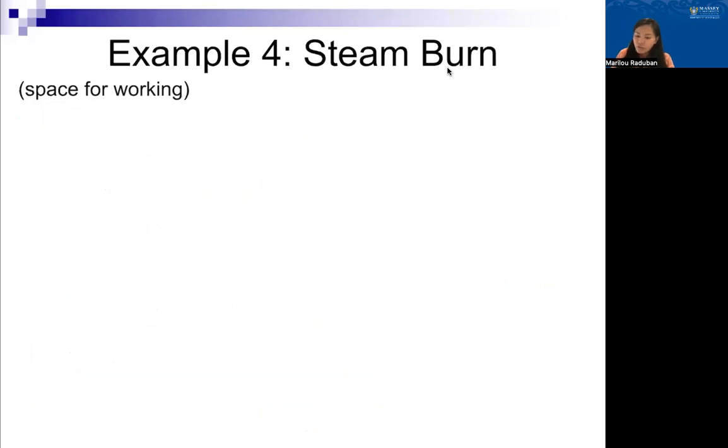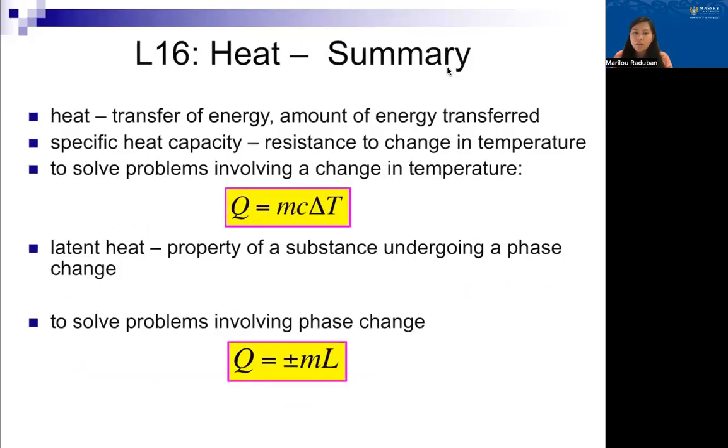Okay, and so that wraps up our lecture for today. We looked at heat. We've learned that heat is the energy that's transferred from a hot material to a cold material, and the transfer of heat can change the temperature of the material. Different materials have different specific heats, and the lower the specific heat, the easier it is to change the temperature of that material.